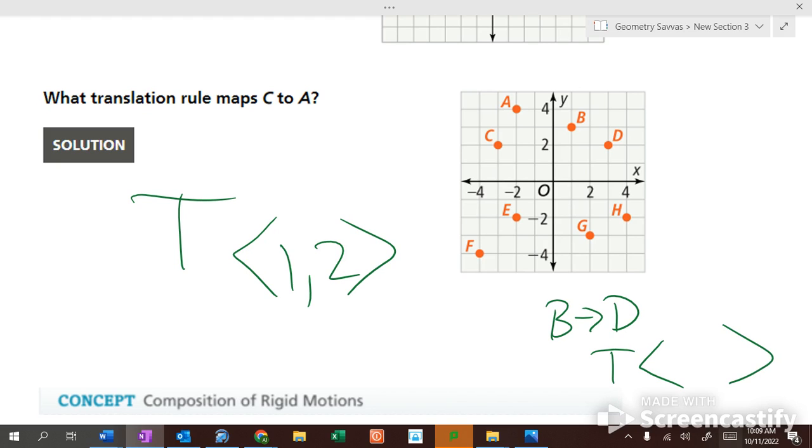How would you map that one, Cole Klingbeil? -1, 2. How about G to H? How would you map G to H in this situation? Albert. Not 1, 2. Got to do X first. How far do we move in the X direction? 2, 2, 1. Okay? Got to be careful there.